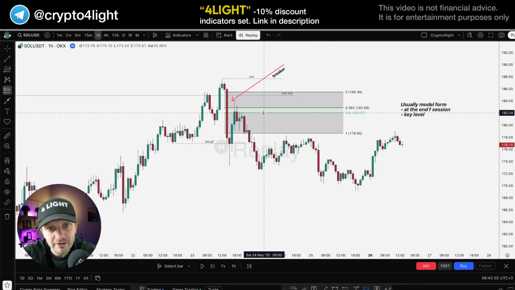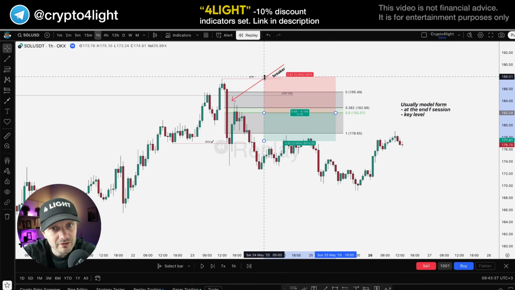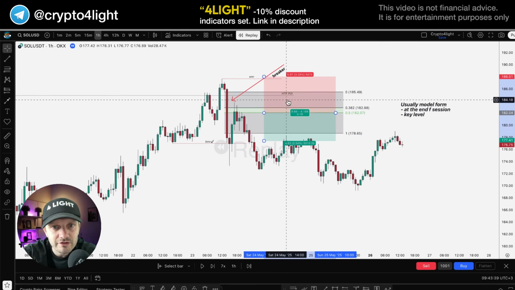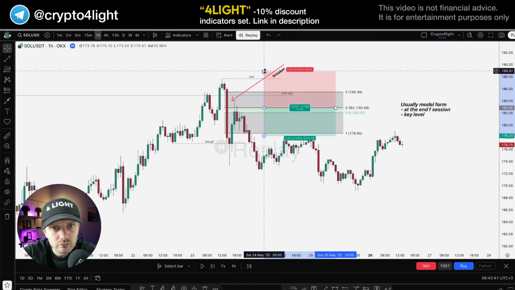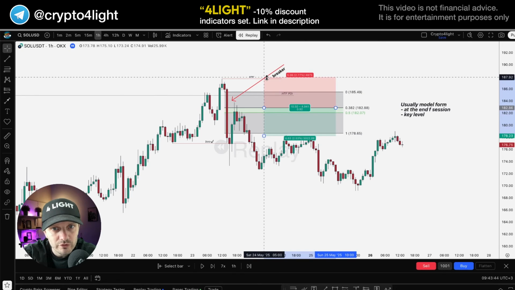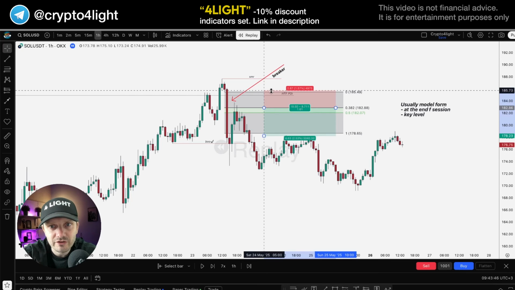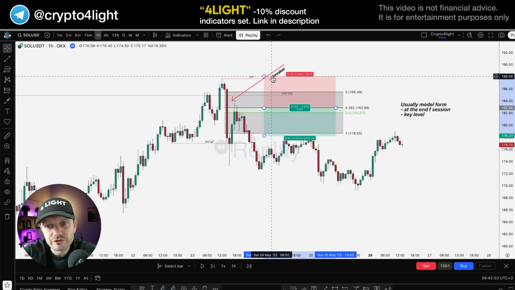The short position can be at 0.5, which can be a kind of bigger stop loss, or at 38 with a smaller one like 2.77, or a stop loss you can add a little bit over the full fill of the breaker, 1.62. Depending on your stop loss, you can count the proper size of your position.